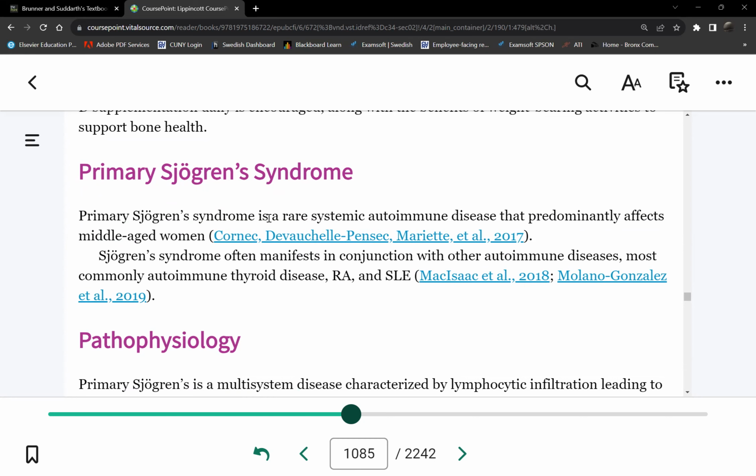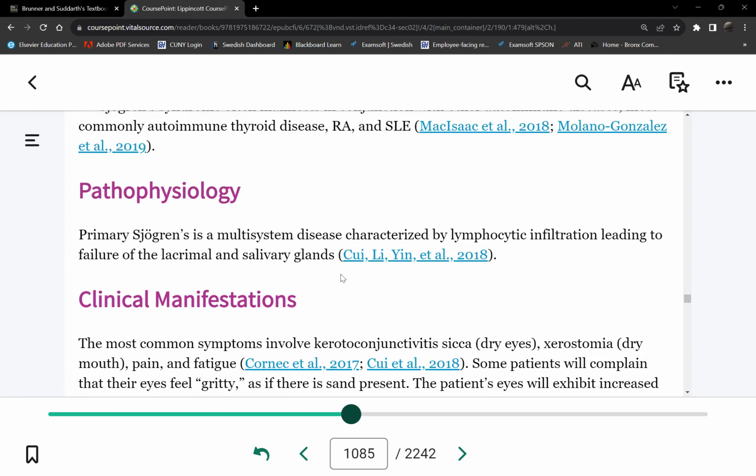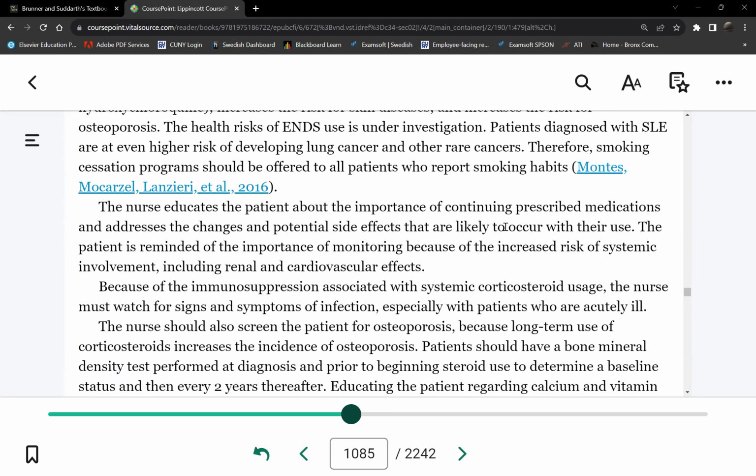So this syndrome causes dryness of the mucous membranes. So this can result in dry mouth, dry rectum, dry vagina, dry everything. So that can lead to painful intercourse, painful defecation, right? So that's one more thing they have added. That's about it for lupus.